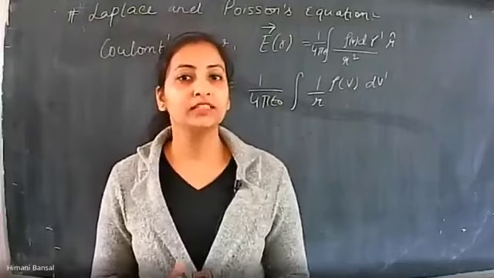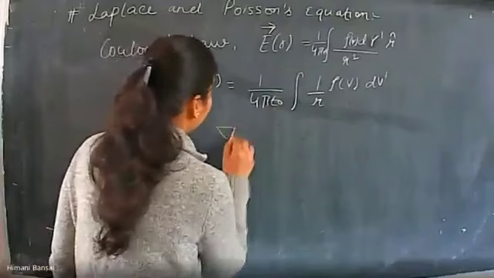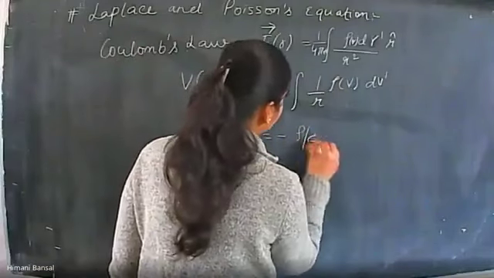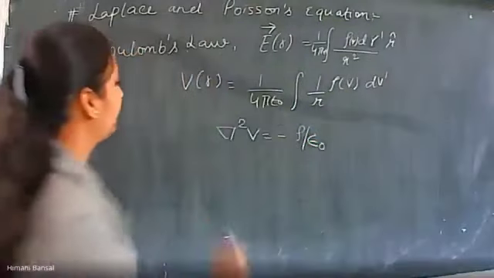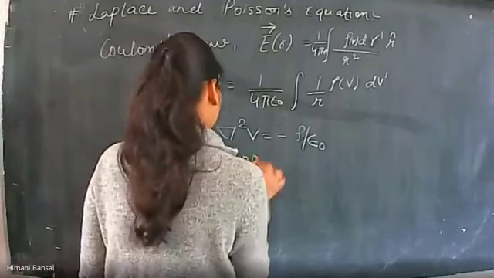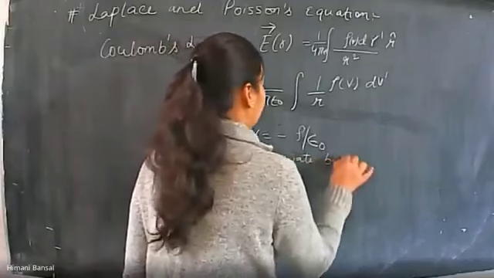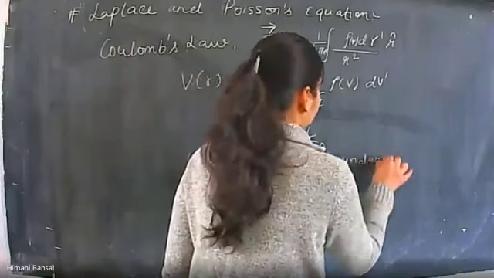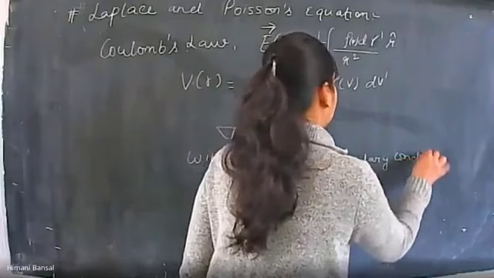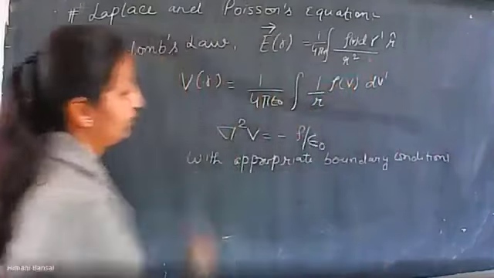In such cases, it is fruitful to recast the potential using the Poisson equation: del square V is equal to minus rho over epsilon naught, together with appropriate boundary conditions, is equivalent to this potential.